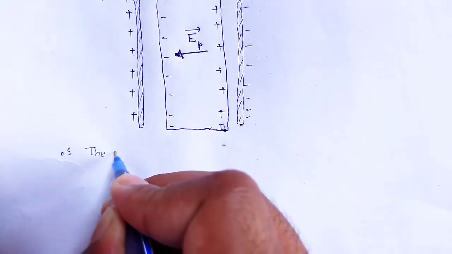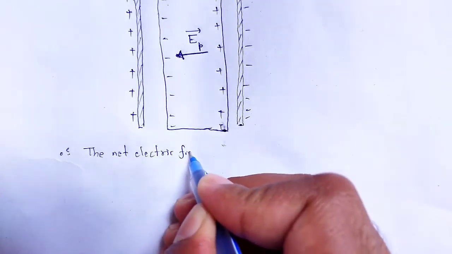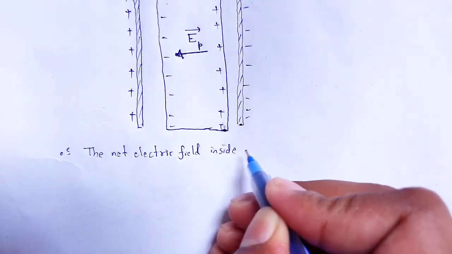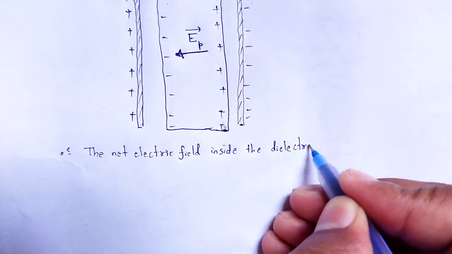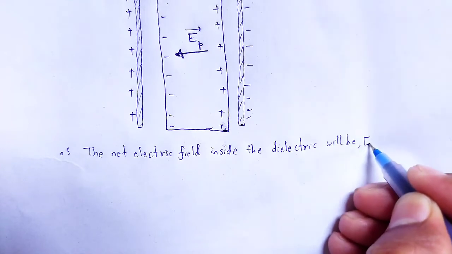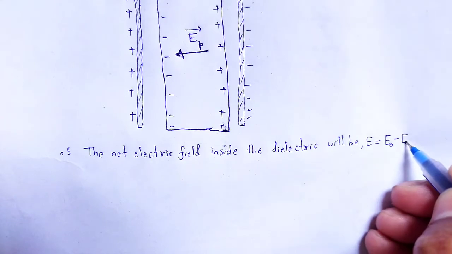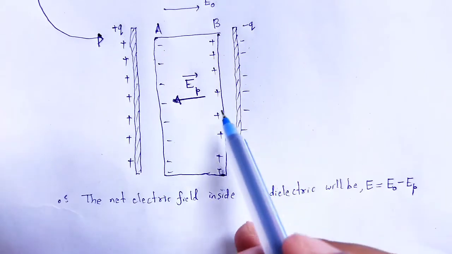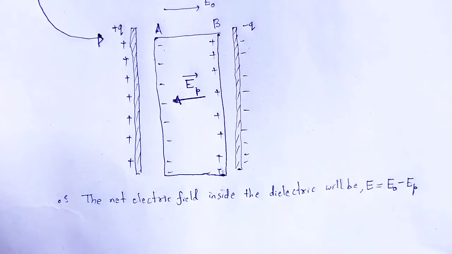So the net electric field inside the dielectric will be E equals E naught minus EP. E naught is the external electric field, EP the electric field developed within the dielectric.